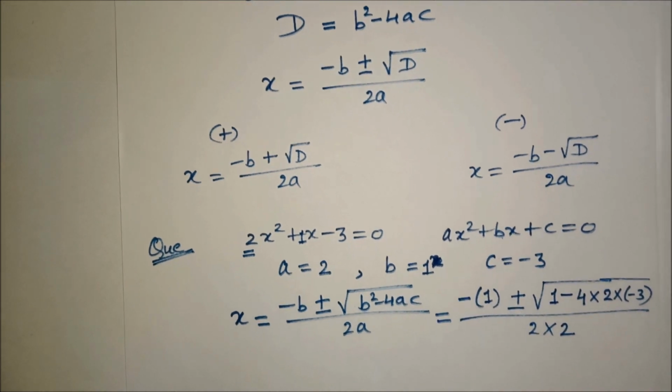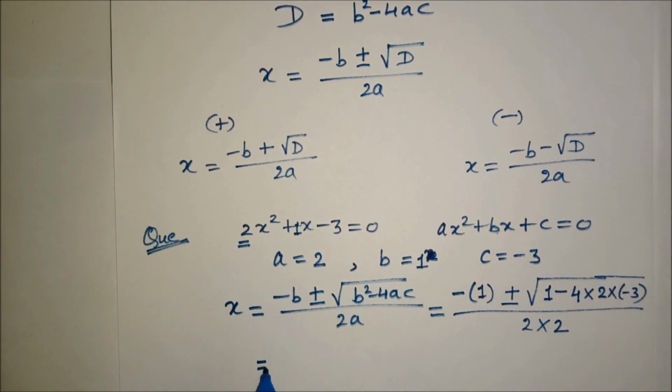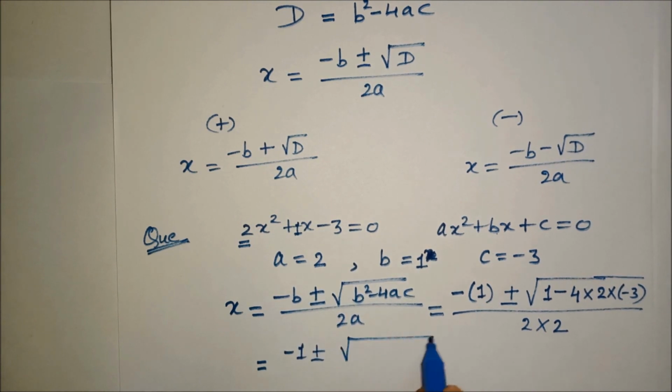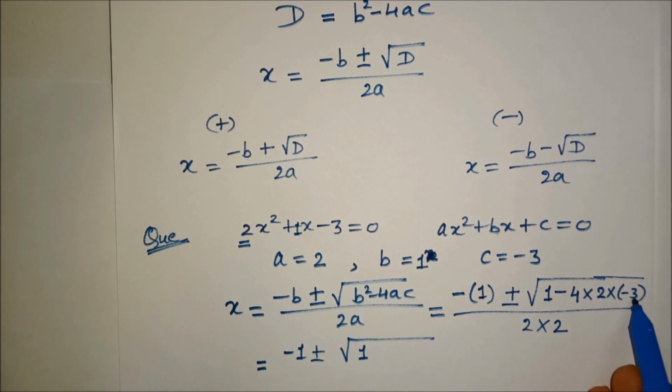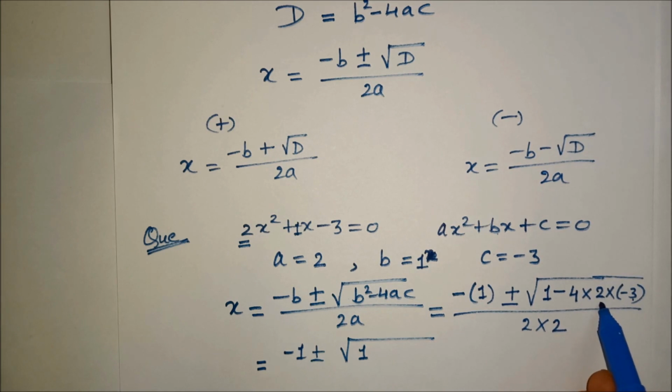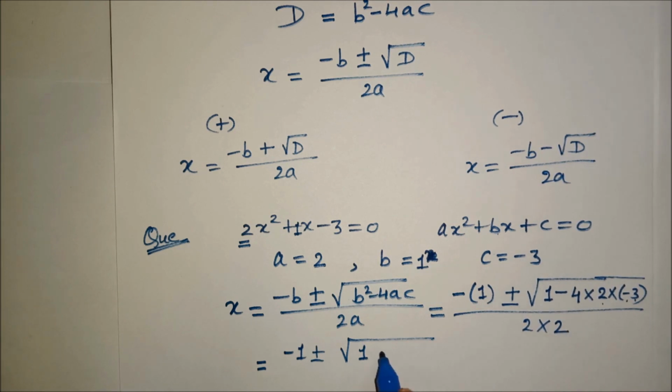Now we will simplify it. x = (-1 ± √(1 + 24)) / 4. 3 twos are 6, 6 fours are 24, and there is a minus sign here and also a minus sign, so minus minus becomes plus.